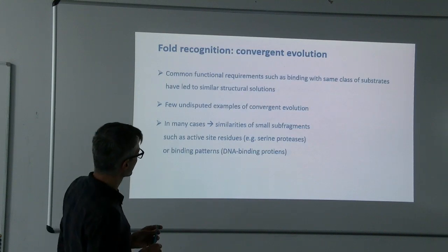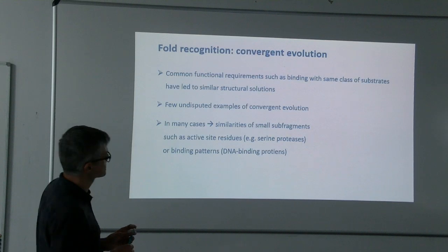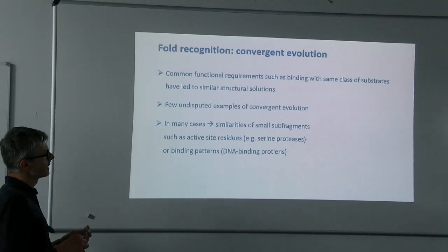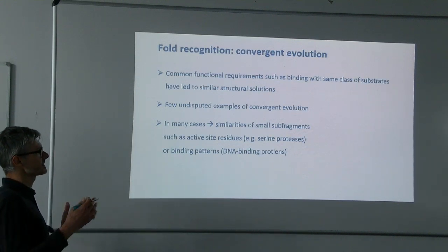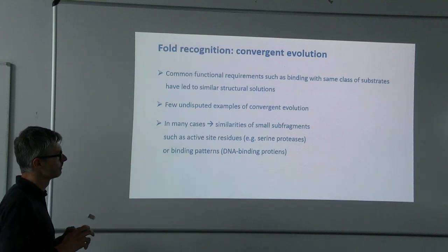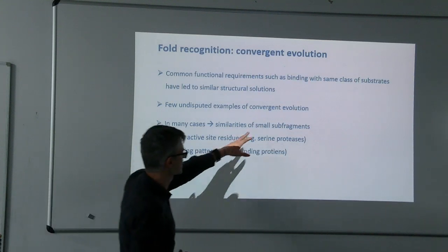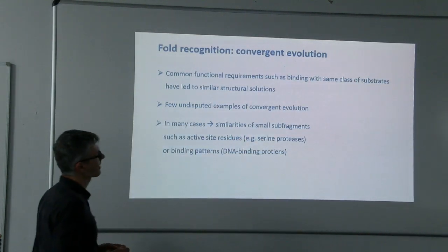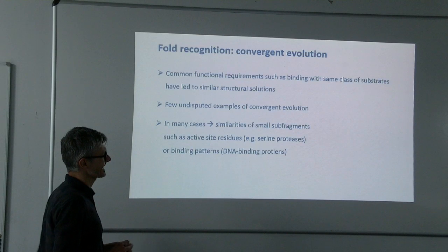You can also have convergent evolution, where nature comes in a separate way to the same structural solution. You actually only need a small sub-fragment to have the active site.